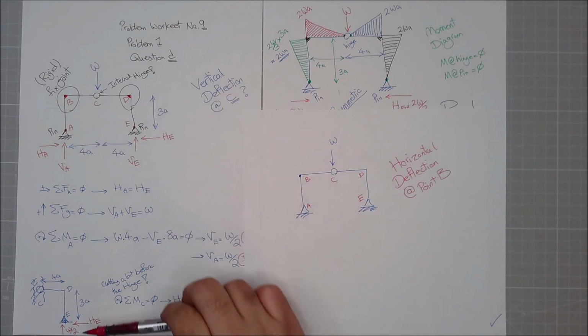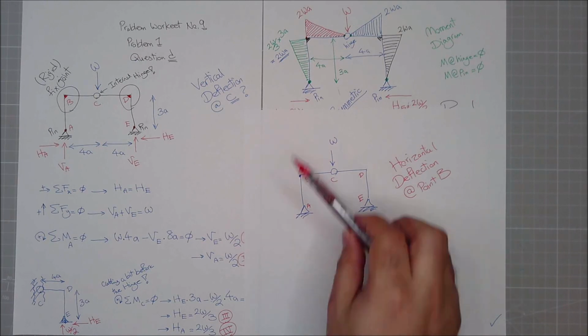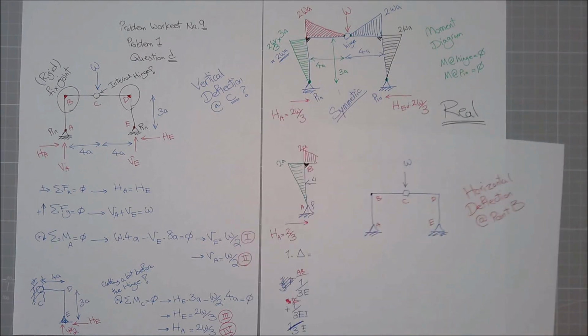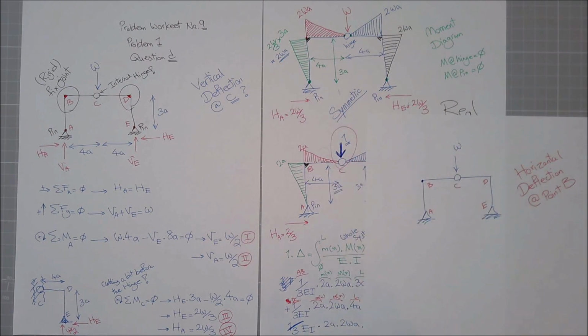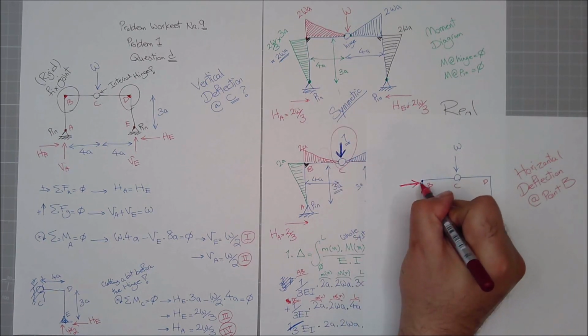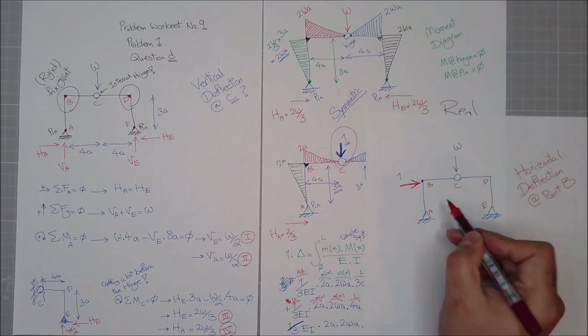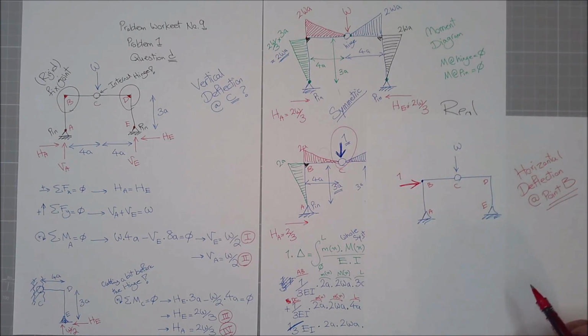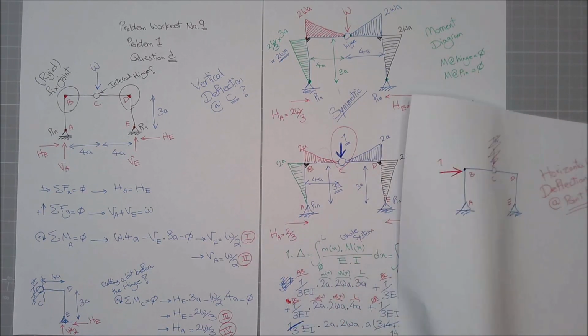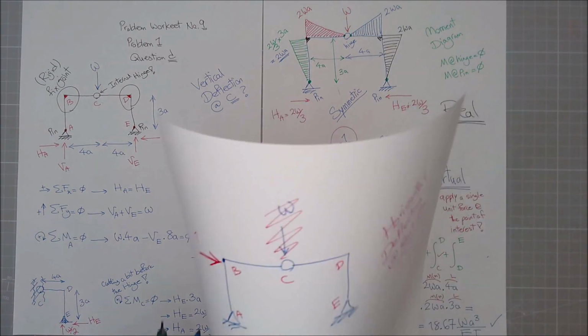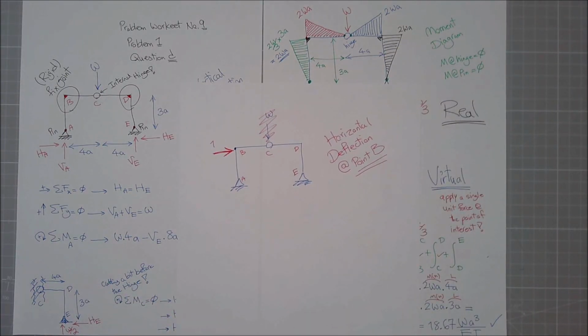Then the first bit would have been the same, perfect. But the second bit, instead of applying a load here, I should have applied a virtual load here at point B, which the question is asking, and in horizontal direction. Then I would have got rid of this, I would have had the moment diagrams, and then I would have continued exactly the same way. So try to solve this as well and see what happens.